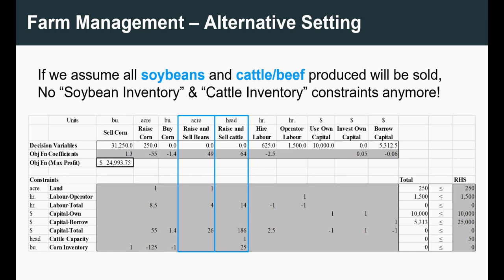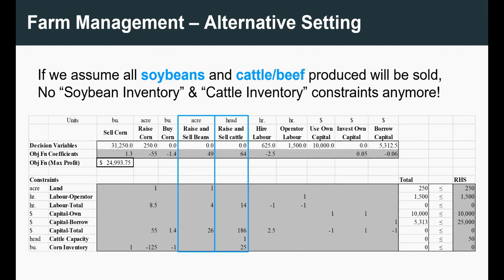So we cannot do that for the soybean and beef or cattle. So with that, we get rid of two of the inventory conditions. We are only left with one corn inventory condition. We don't have the cattle and the soybean inventory conditions anymore.